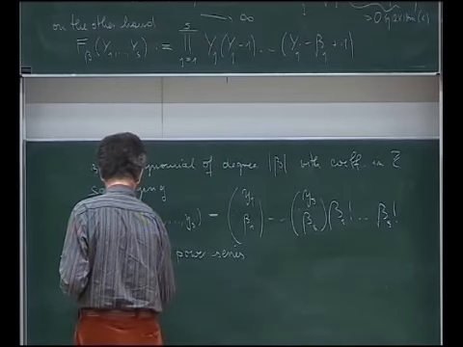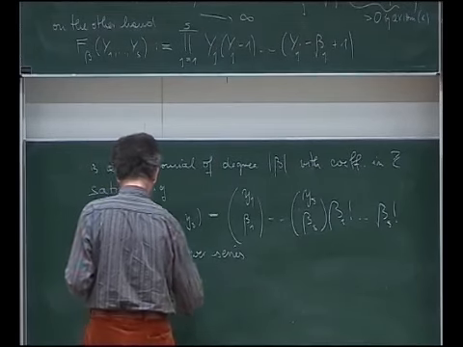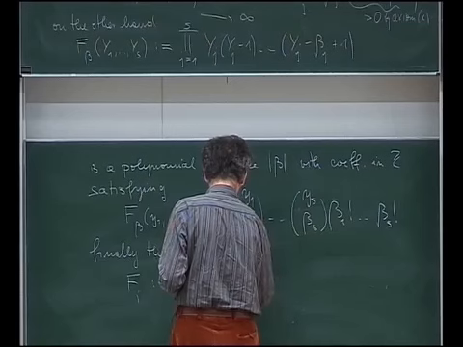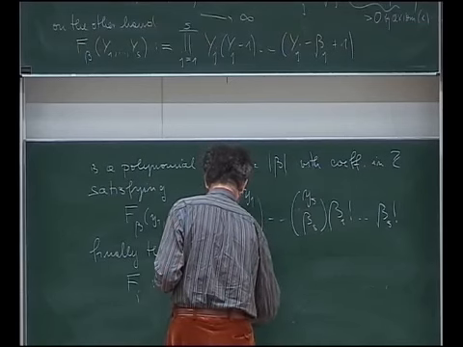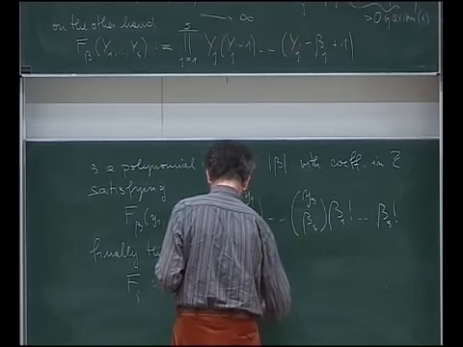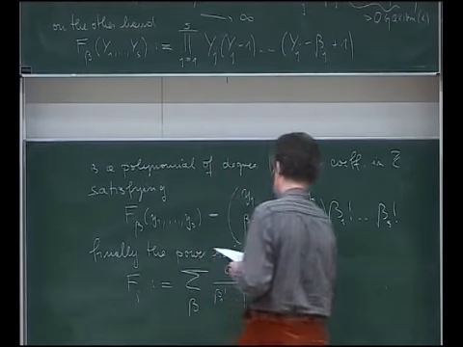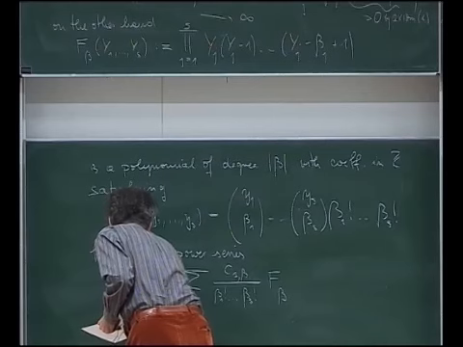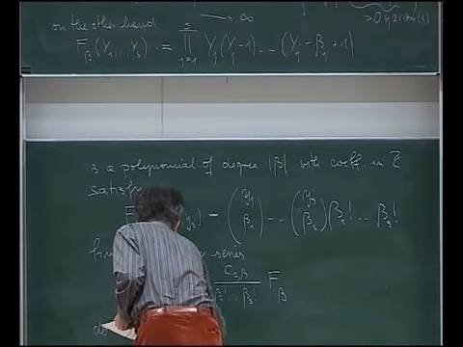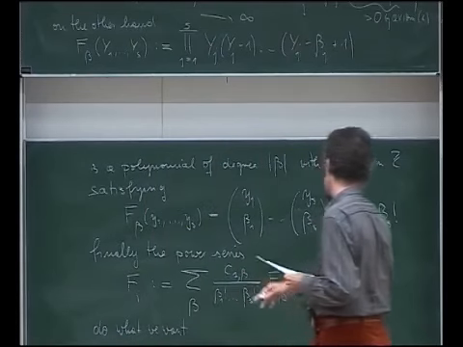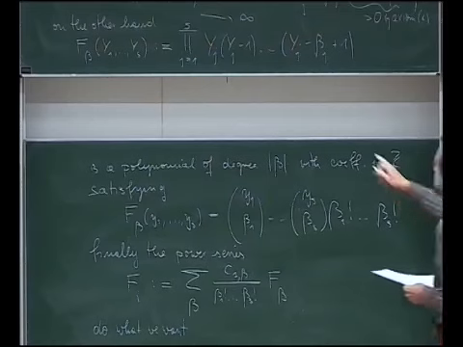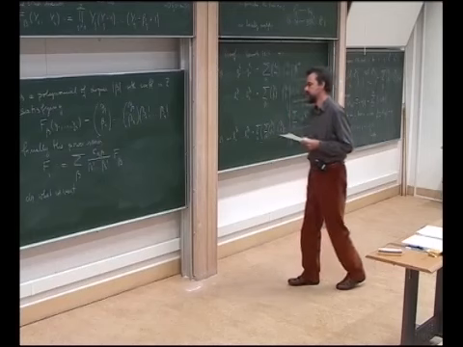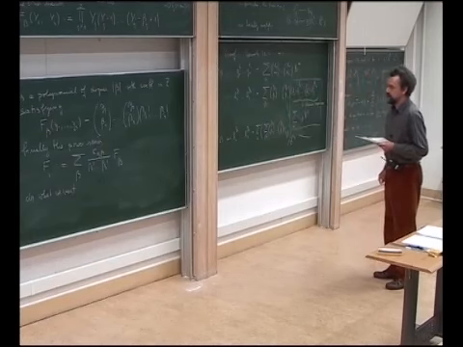So finally, the power series Fi, defined to be the sum of all beta of Ci beta over beta 1 factorial up to beta S factorial times F beta, they do what we want. I mean, they converge.